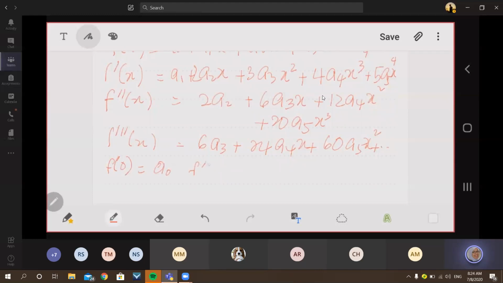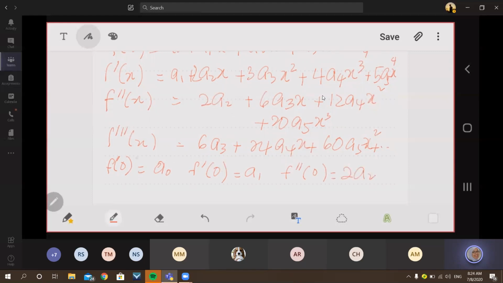For f prime of 0, we just put x equals 0, so you get a1. And if you take f double prime of 0, the rest will be 0, so you get 2a2.